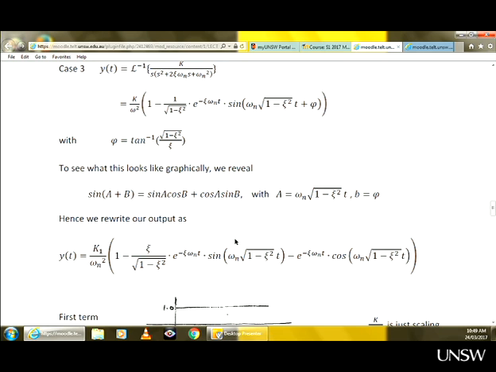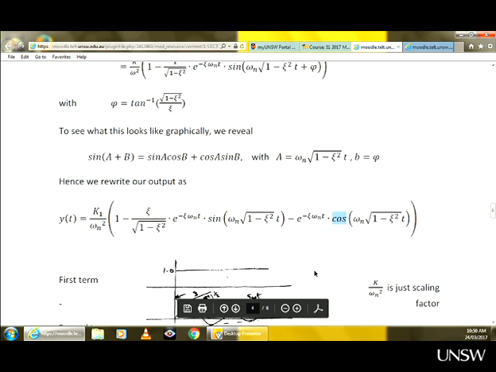So when we expand that, we still have this constant. Obviously, the exponential is not changing, so we have a sine, and we have a cosine. So we have three parts, three components of our output function.